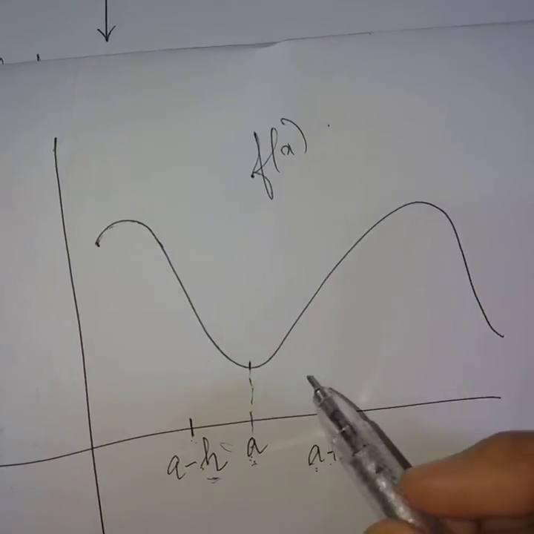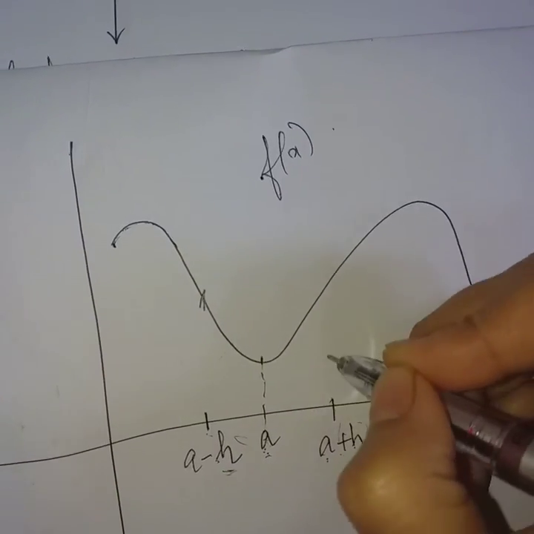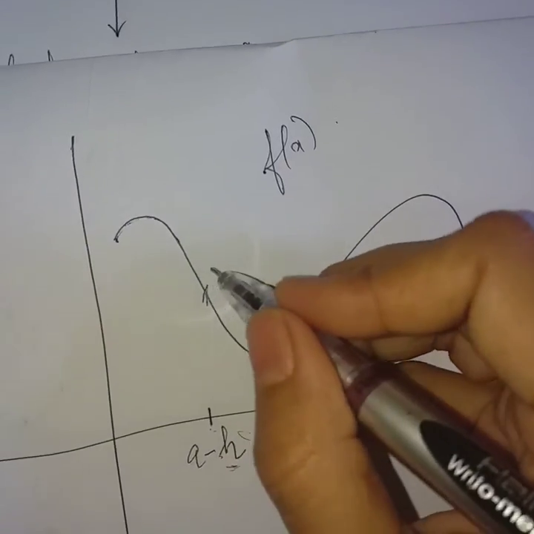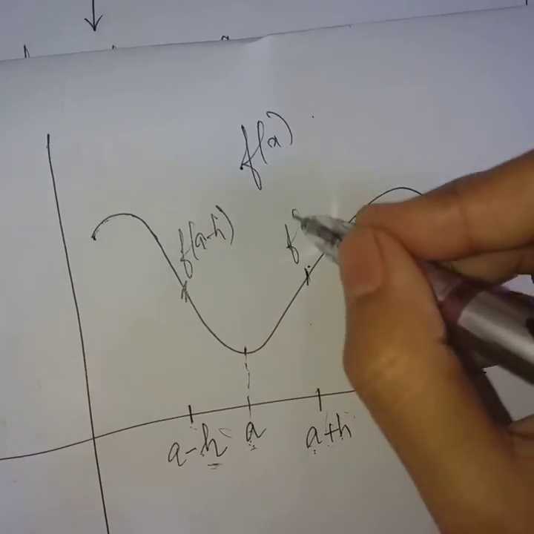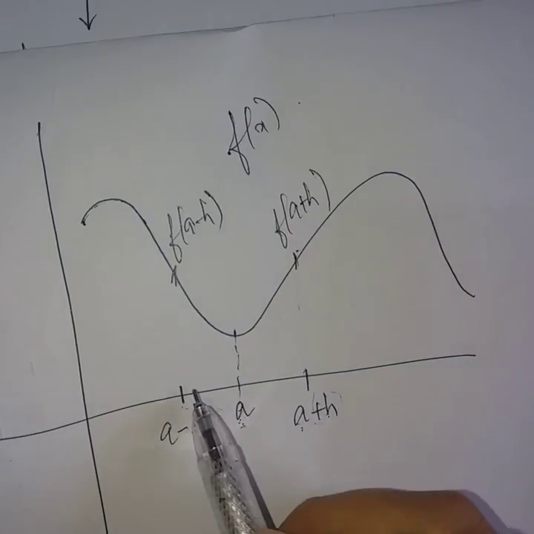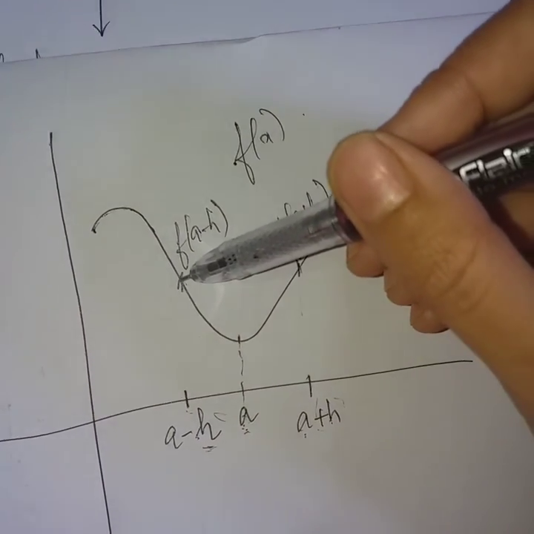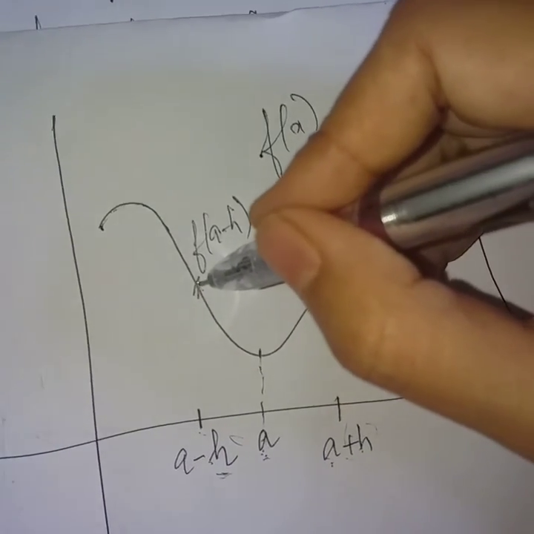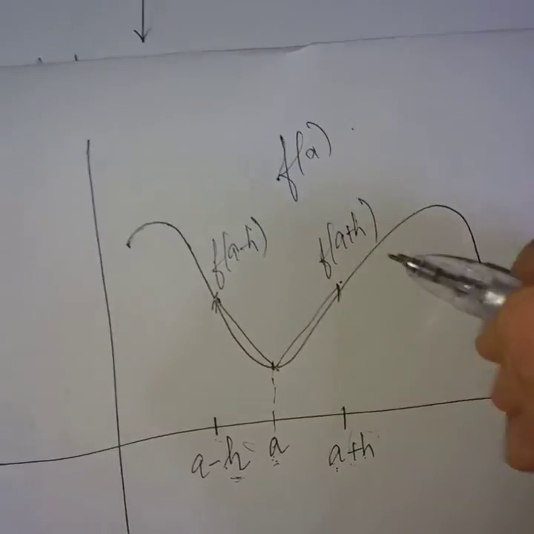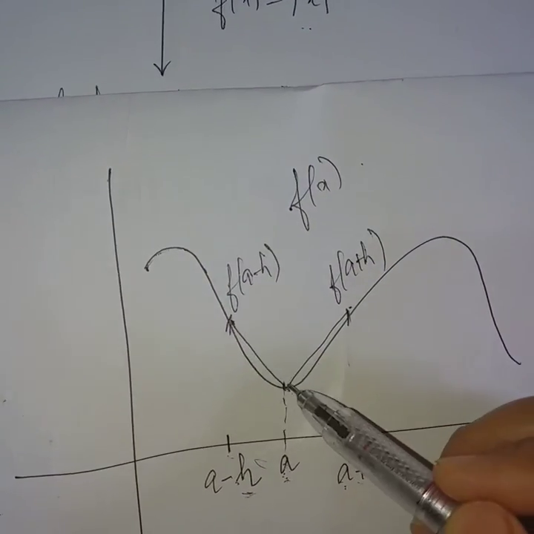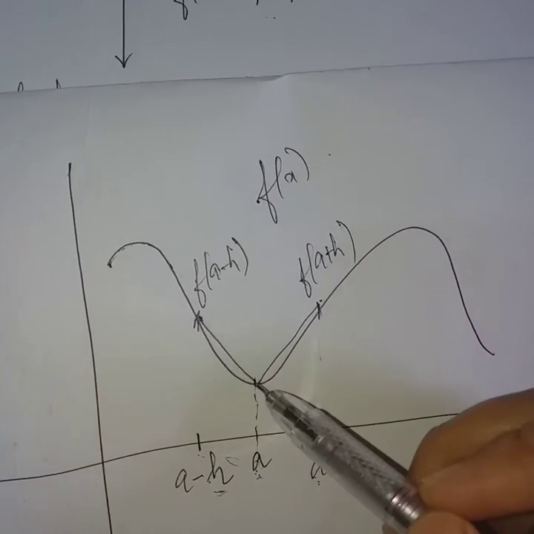Now the value of f(x) here will be f of A minus h, and at this point it will be f of A plus h. Now in order to learn the smoothness, we use the concept of the slope of the graph. If we join these two points, it is not a tangent, it is a secant or chord.